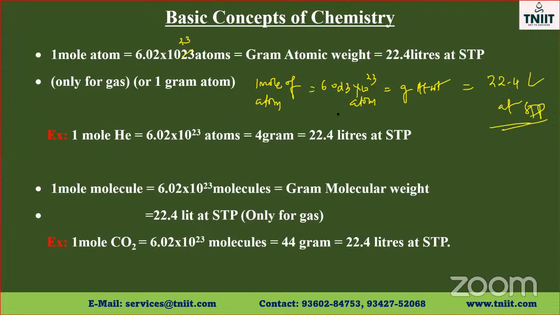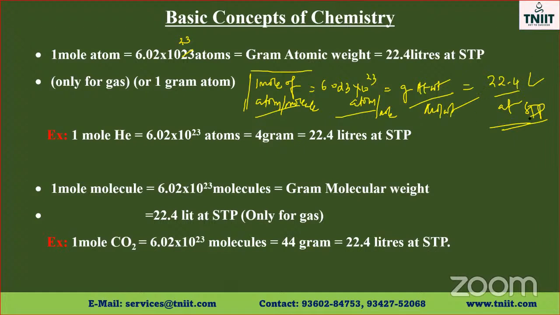This is the relation between mole number, atomic weight or molecular mass, and volume. So many formulas that we learned in the previous slides, we are summarizing here. If it is a molecule, then 1 mole will be 6.023 × 10 power 23 molecules, its molecular weight, and 22.4 liters.